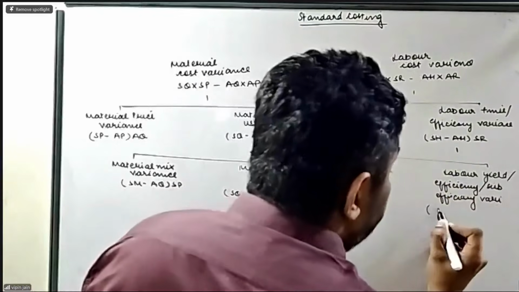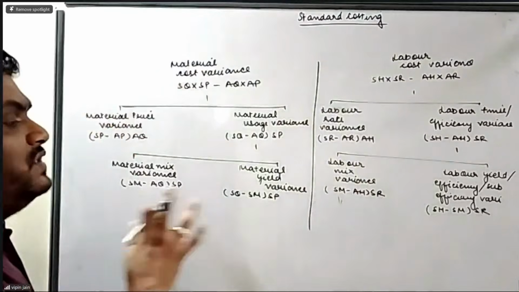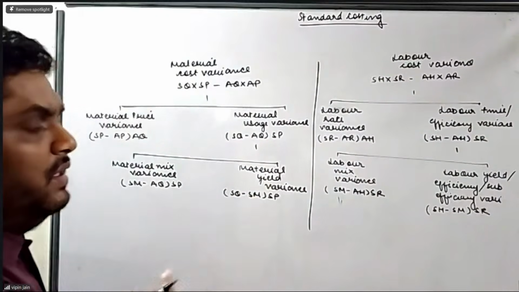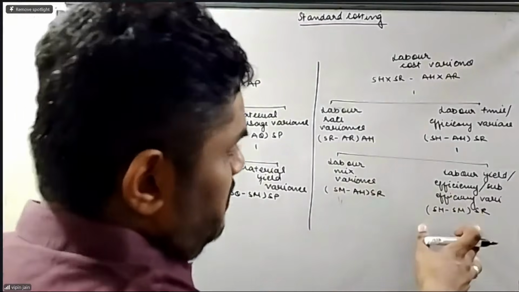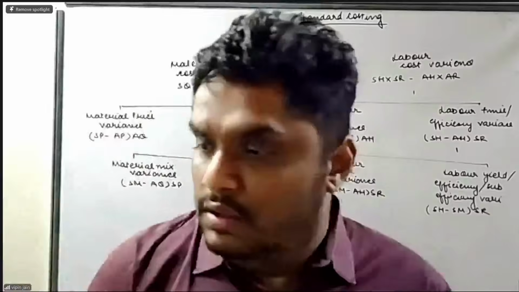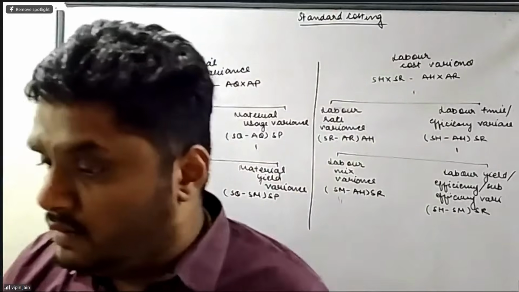That was standard hours minus standard mix into standard rate. Again, mix plus yield will be usage, usage plus price will be cost. Same goes with labor also. Labor mix plus yield will be time, and time plus rate will be cost. So this is all what we discussed in the previous two sessions.